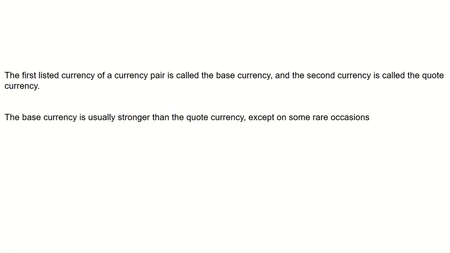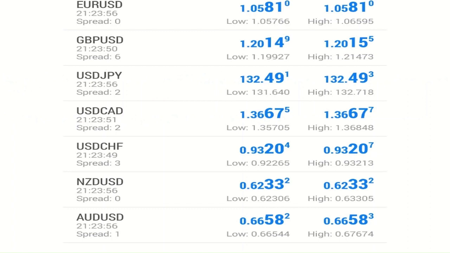Let's continue. So to refresh your memory, the first listed currency of a currency pair is called the base currency, while the second one is called the quote currency. And usually, the base currency is stronger than the quote currency, except on some occasions. So these are some of the examples.